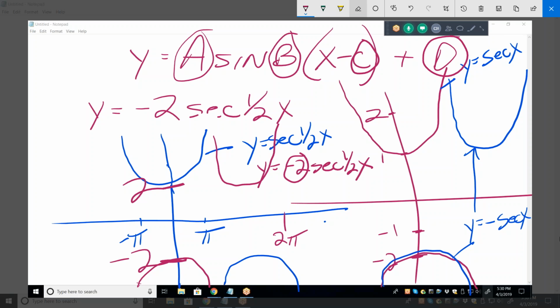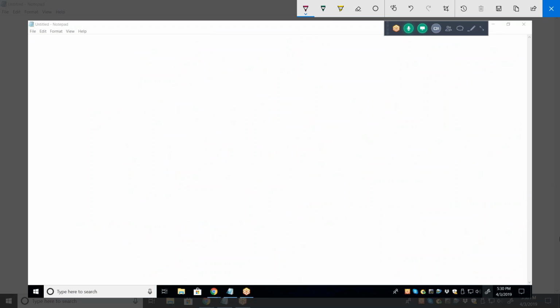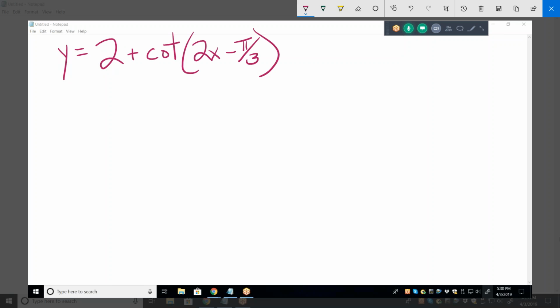All right, what else you got? Okay, the next one is y equals 2 plus cotangent, and then in parentheses 2x minus pi over 3. All right. This is significant.